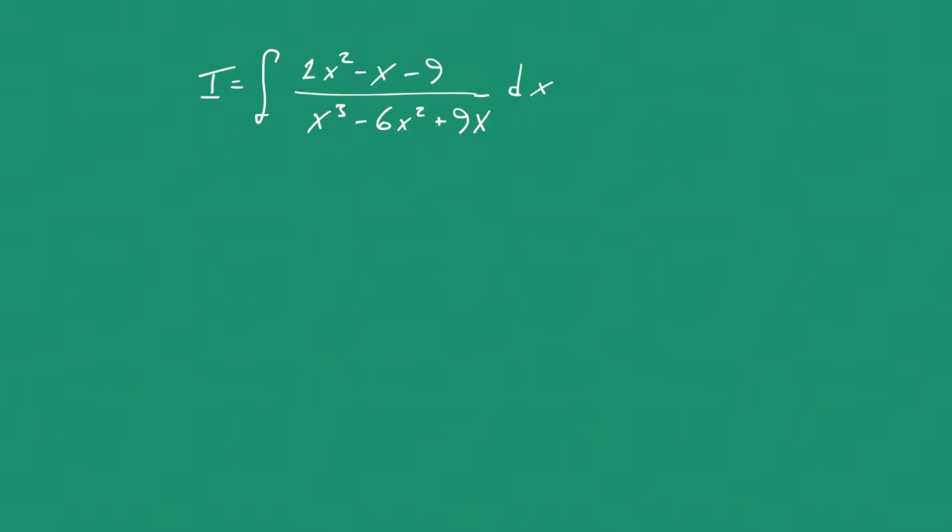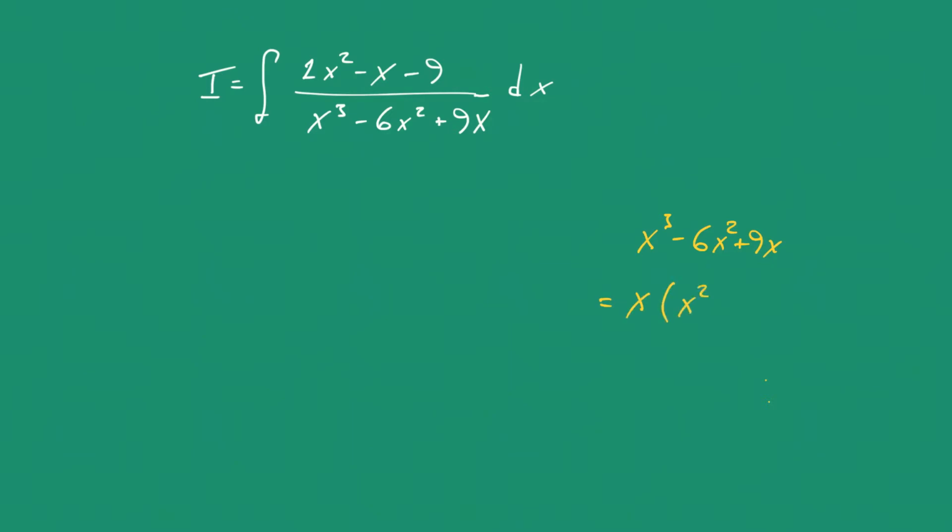Okay, so if we're going to apply the method of partial fractions, the first thing we want to do is factor the denominator. So let's just factor this denominator over here, off to the side. We have x cubed minus 6x squared plus 9x. What's that equal to? Well, first of all, we can factor an x out of that.